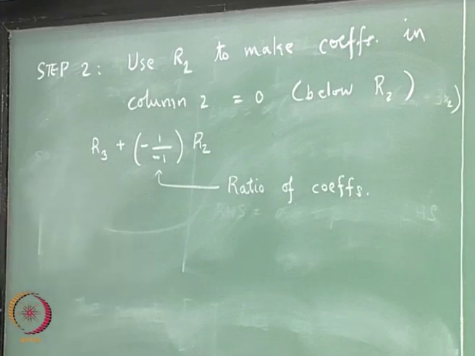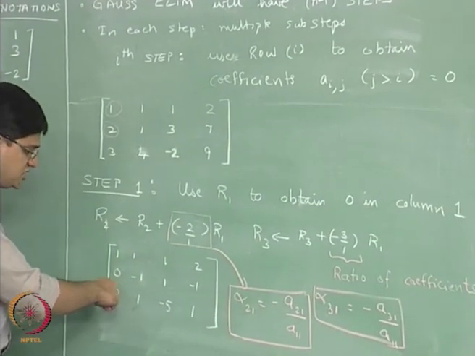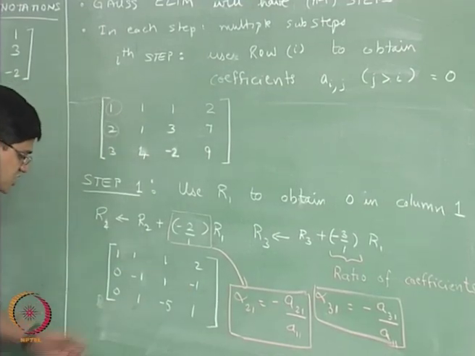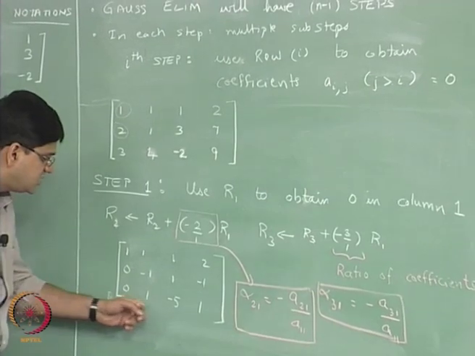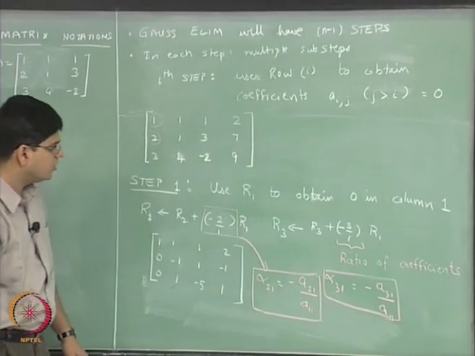Okay. So, when we do that, what we will get is 1 1 1 2 in the first row, the first row is unchanged, 0 minus 1 1 minus 1, the second row is unchanged. We will get this as 0 0 minus 4 and 0 over here. Okay.